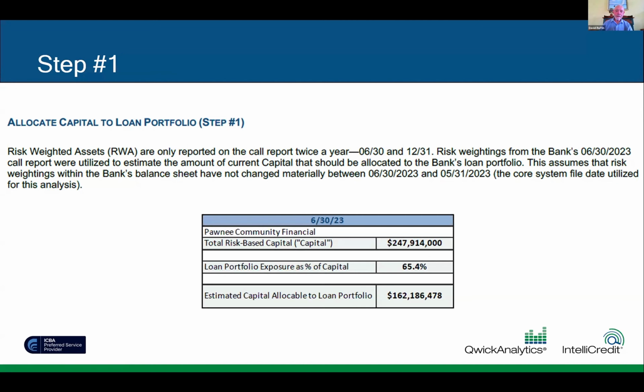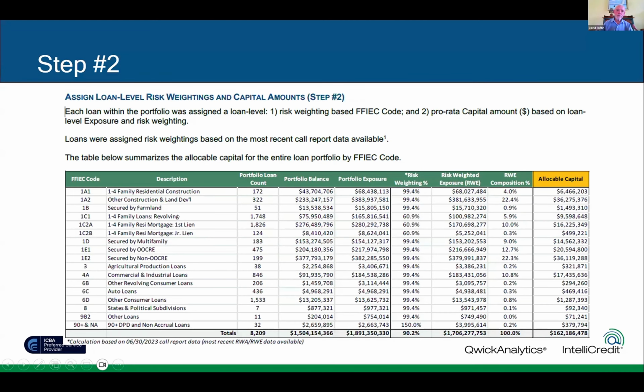So step 2 would be to start reallocating, on a proportionate basis, what that 65% of the total loan portfolio looks like across the various categories of your loan portfolio.